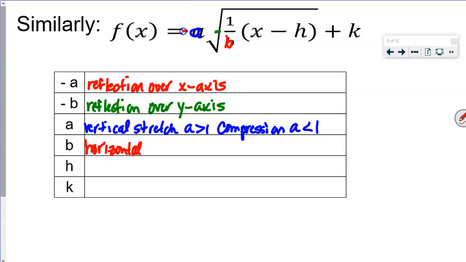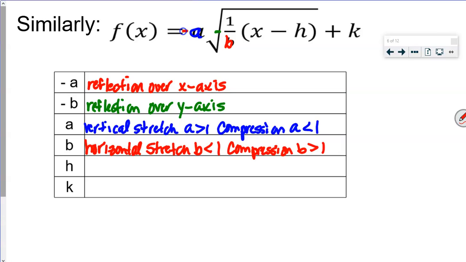So it's going to be a horizontal stretch when b is less than 1, okay? And it's going to be a horizontal compression when b is greater than 1, okay? It's different because it's 1 over b, so it's going to be the inverse, okay?